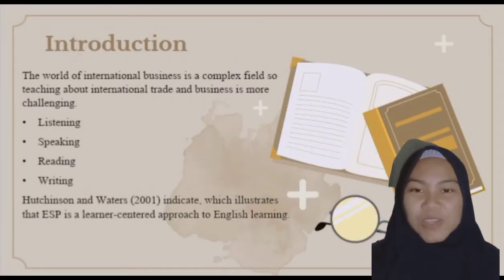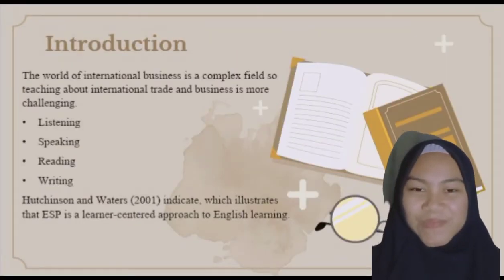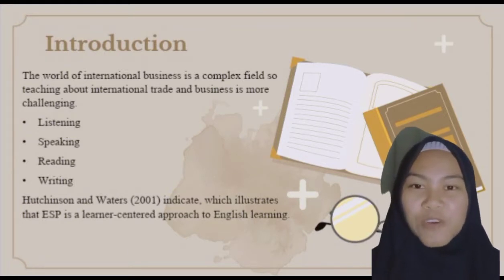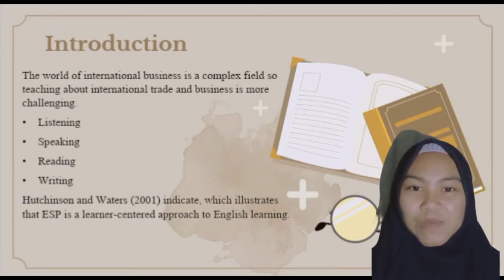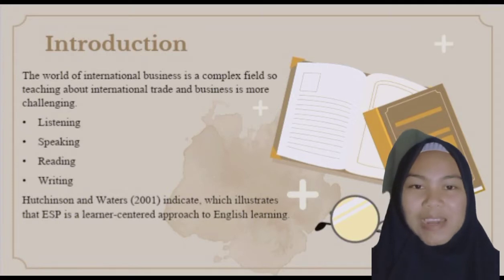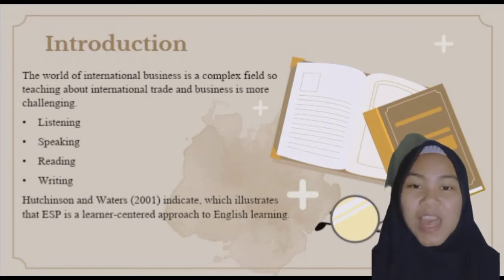The first material is introduction. The journal article introduces that the world of international business is a complex field, so teaching about international trade and business is more challenging. The journal article focuses on four language skills: listening, speaking, reading, and writing.